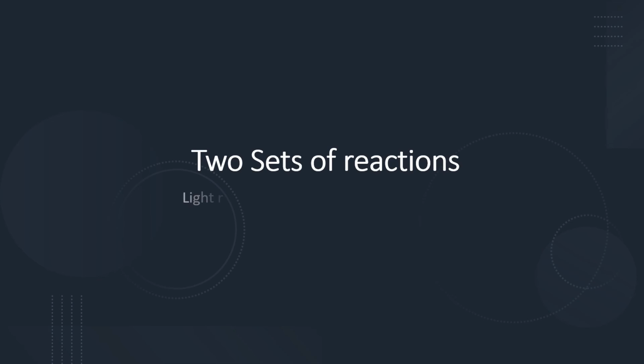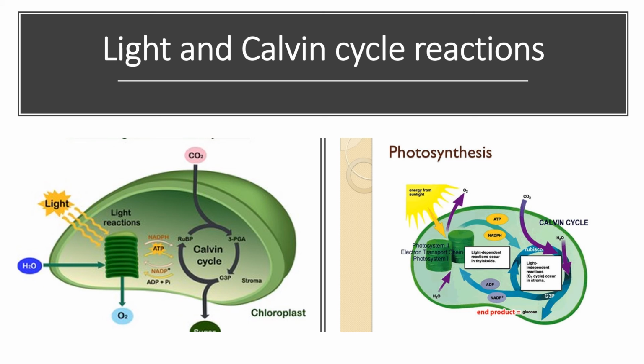We have two sets of reactions, which are the light reaction and the Calvin cycle. After the sunlight has been absorbed by the thylakoid membrane, during the light reaction, the ATP and the NADPH are produced. These are then used in the Calvin cycle to produce G3P by absorbing carbon dioxide from the environment.